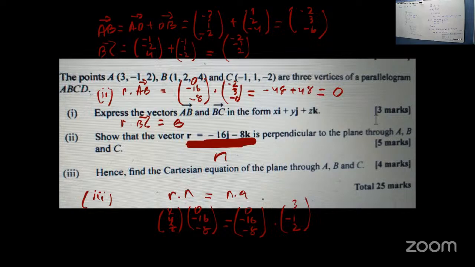So your final answer will be minus 16y minus 8z is equal to zero in this case. All right. So in this case, you will get 0.